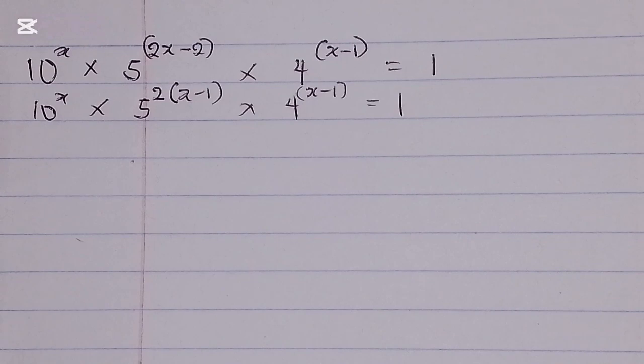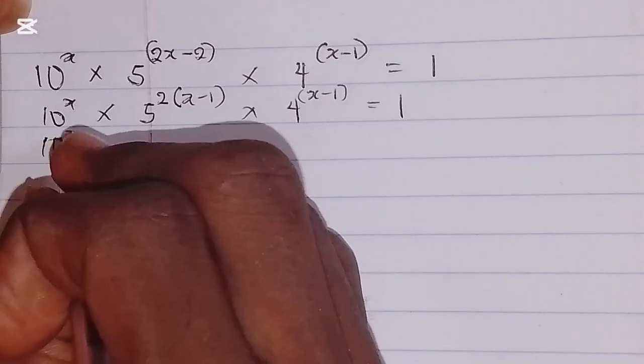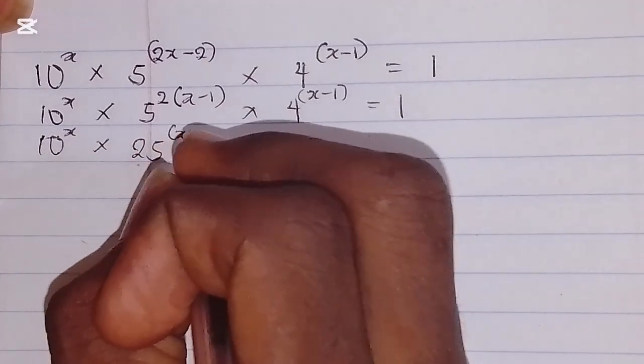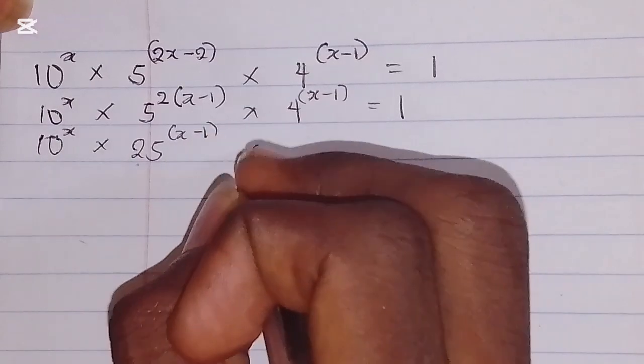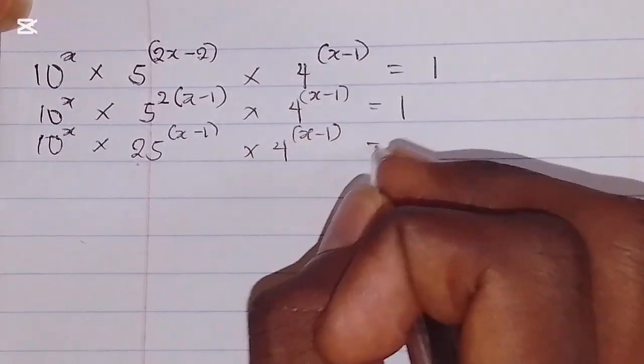This is what I've been telling you. Okay, so we now have what now? That's 10 raised to the power of x times 25 raised to the power of x minus 1 times 4 to the power of x minus 1 equals 1.